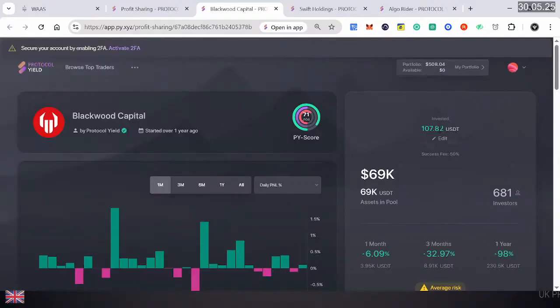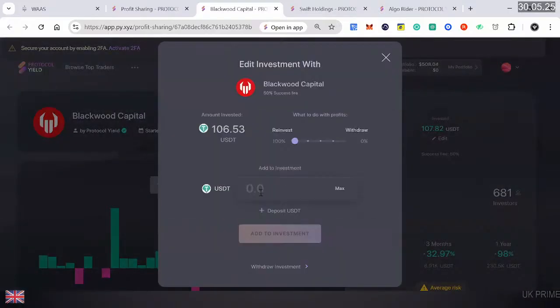So you may choose to invest with any HFT. Whatever available amount is in your wallet, it will be shown here, and you can invest from that amount.